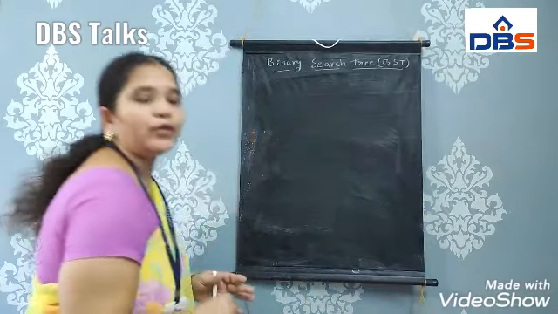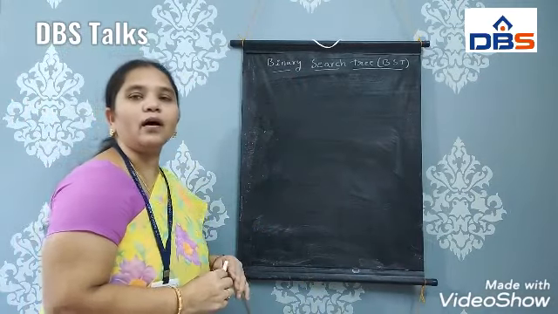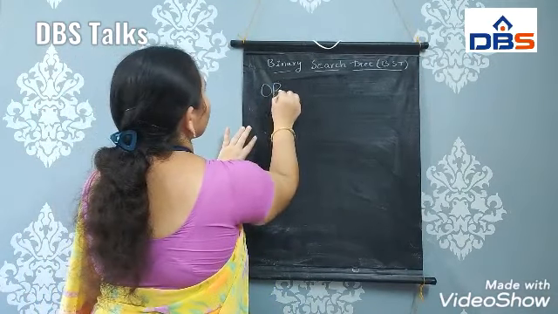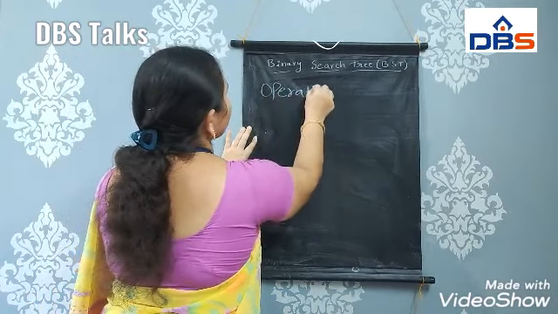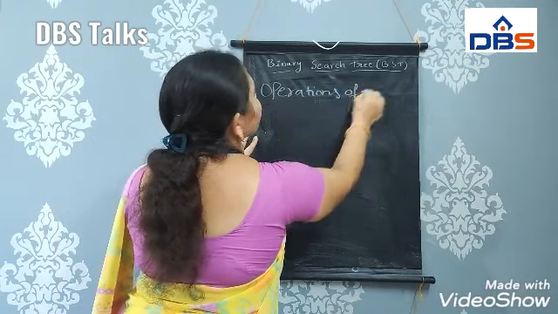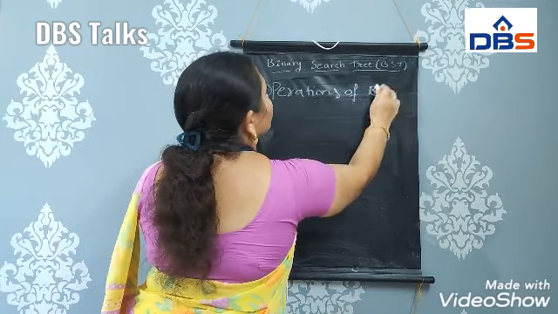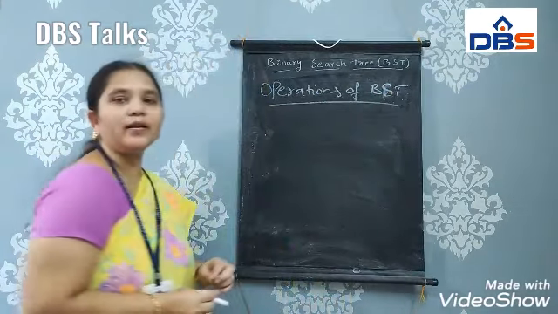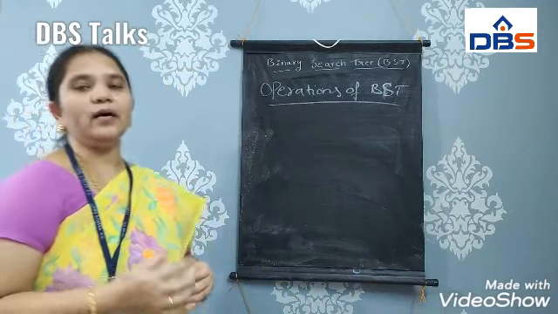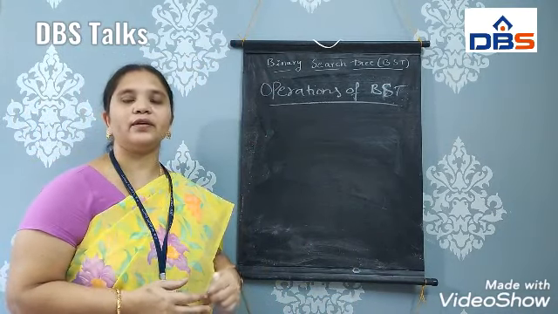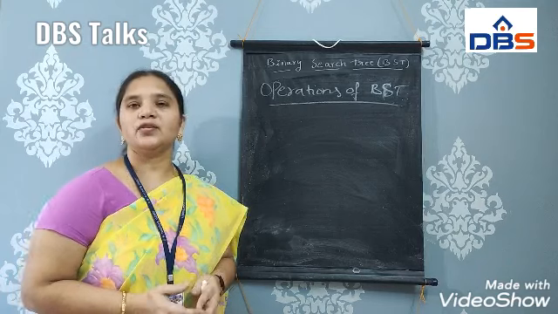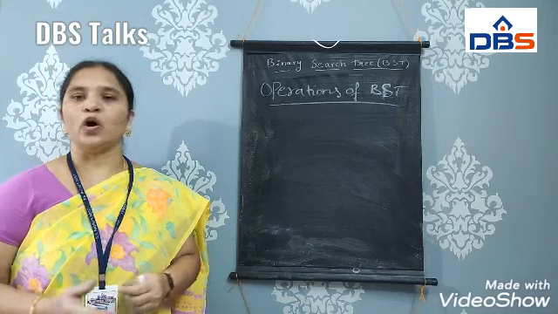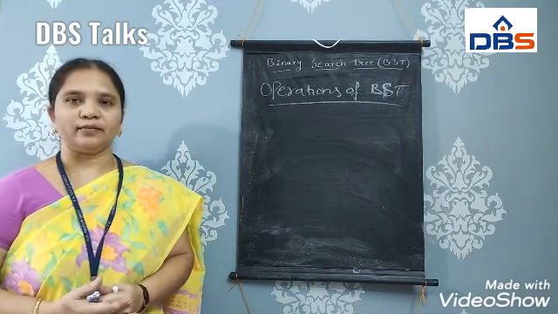Now I am going to introduce the operations of binary search tree. Already we saw in the binary trees that we have different types of operations: insertion, deletion, searching, sorting and traversing.